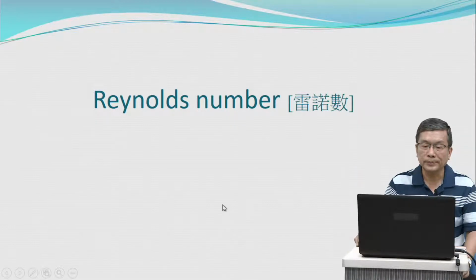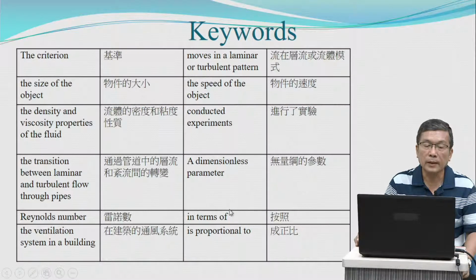Reynolds number. The keywords: the criterion, moves in a laminar or turbulent pattern, the size of the object, the speed of the object, the density and viscosity properties of the fluid. Conducted experiments.